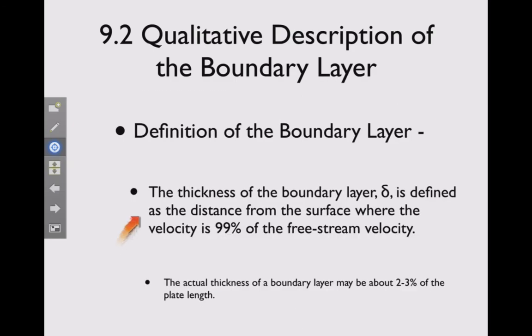Normally we define the thickness of the boundary layer, delta, as the distance from the surface of the plate to where the velocity is 99% of the free stream velocity. And obviously this is somewhat of an arbitrary term.